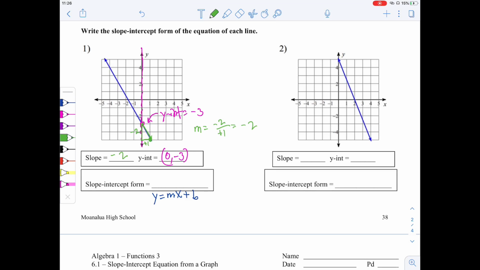So our slope is negative 2, and that makes sense. And we put it into our slope intercept form. Y equals our slope, which is negative 2, next to x, and our y-intercept is negative 3, so minus 3, and that's our equation. Okay, so make sure you label your rise over run on your graph.